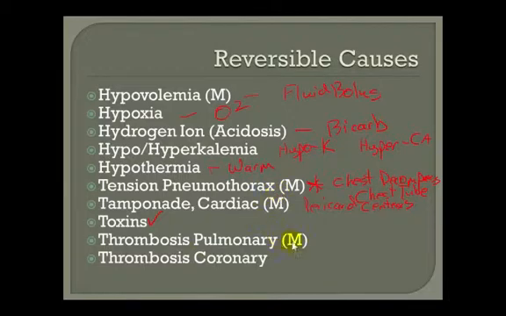Pulmonary thrombosis. If you're in a spot to where they can actually perform chest surgery and get this out or thrombolize this, the patient has a pretty good chance. If you find them acutely, the patient doesn't have a good chance, especially if it's complete. So this is going to depend on the severity and how fast you can actually get them to critical intervention. Coronary thrombosis. This is the same thing.